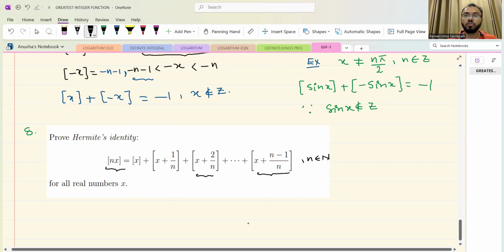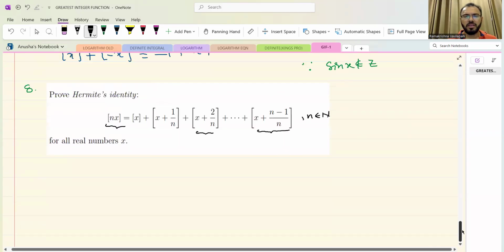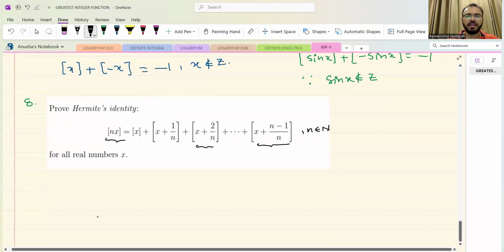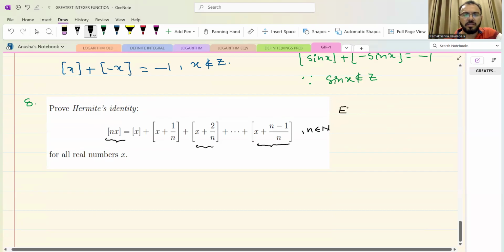Well, how do we prove it? Before we prove it, let me give one example so that you can keep it in your mind. I will write it in sigma format. I hope you can understand the sigma.